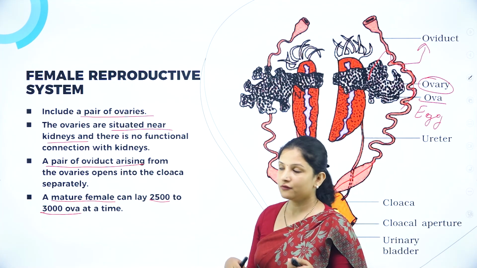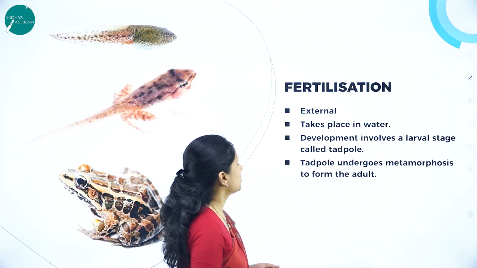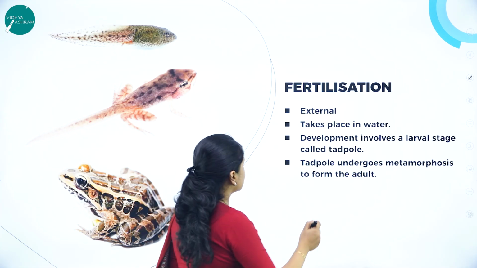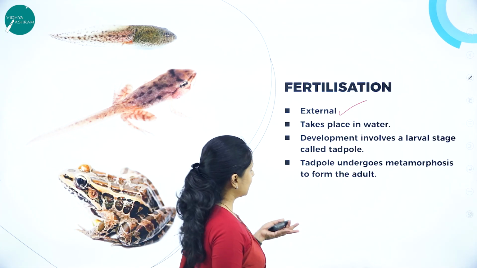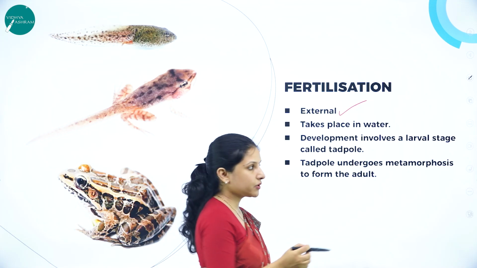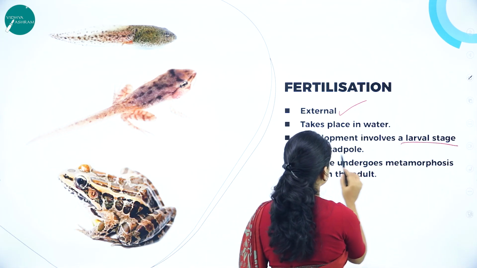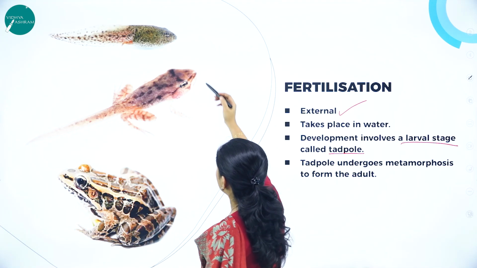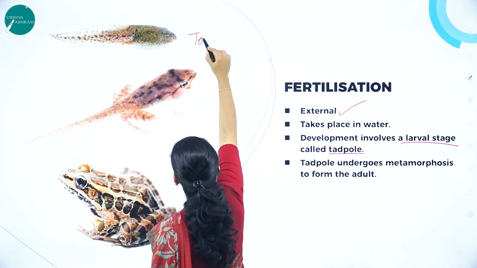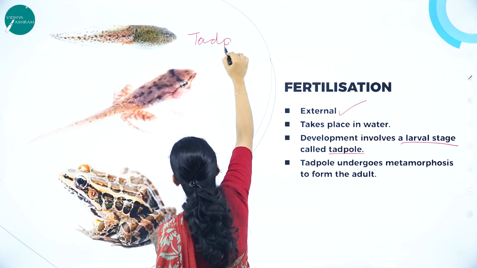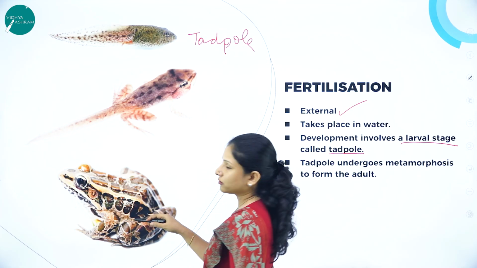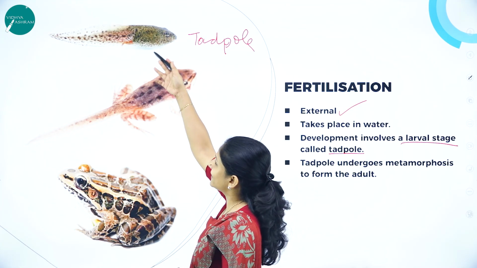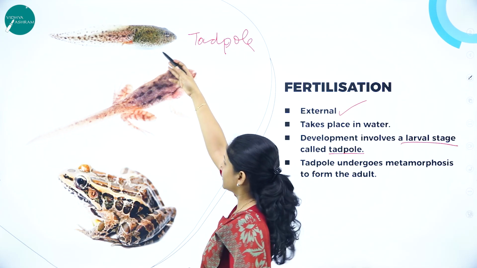So this is how the frog system works. As I told you, fertilization is external and takes place in the water, and in the development in between, there is a larval stage called the tadpole. Then the tadpole undergoes metamorphosis. Can you see this tadpole? It doesn't at all look like the male frog. No connection at all. It looks almost like a fish or something like that.